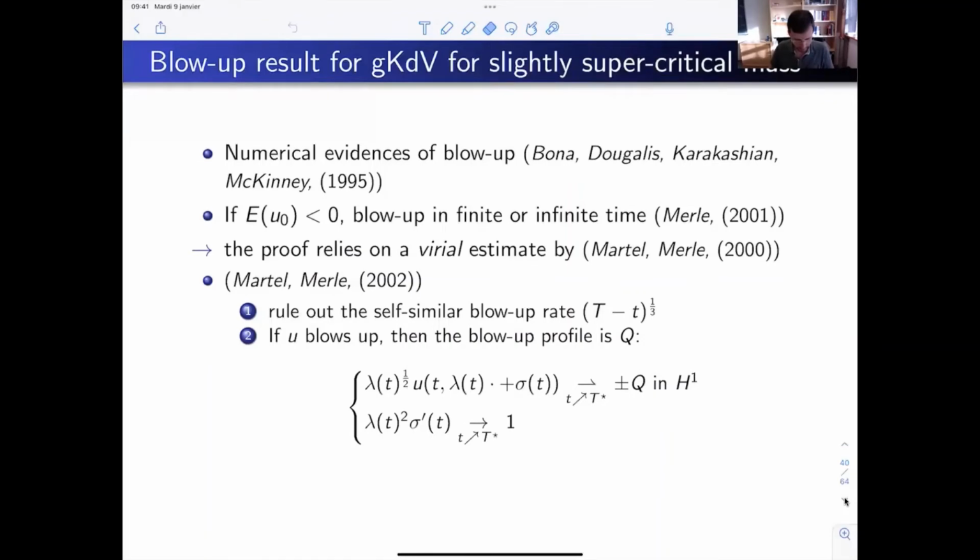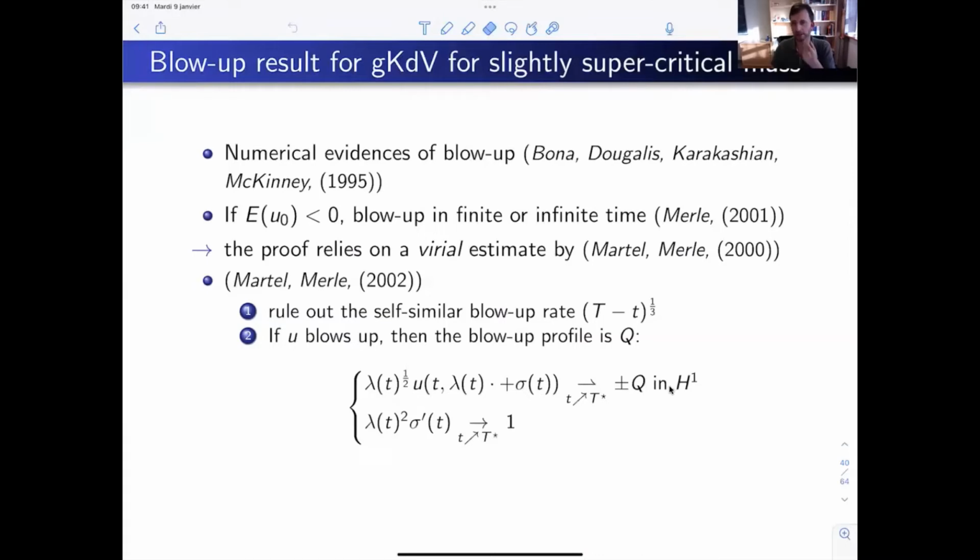And secondly, they also proved that if you have blowup, then the blowup profile, so you know something is concentrating, has to be the solitary waves. More precisely, they proved that if the solution is blowing up in finite time t star, then you have some geometrical parameters, which are the dilatation and the translation, and this is converging weakly to Q plus or minus Q in H1.